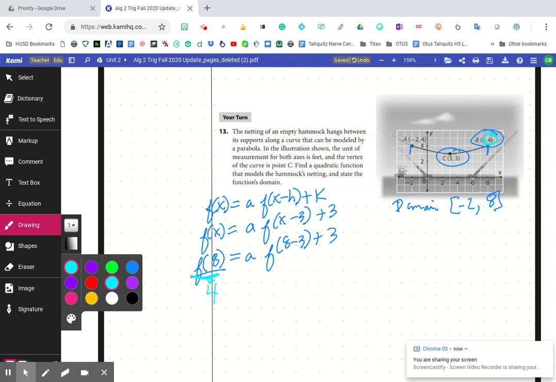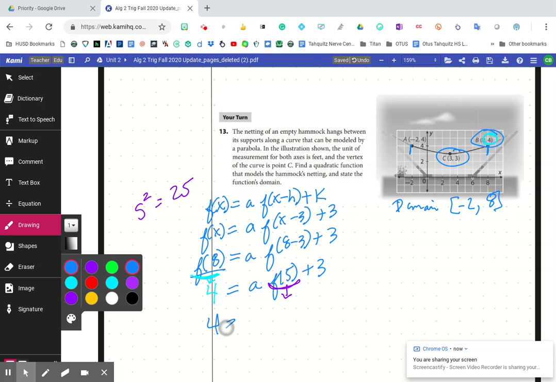Then I've got a times (8 minus 3), which is 5, squared. I'm going to take 5 and square it, and I get 25.